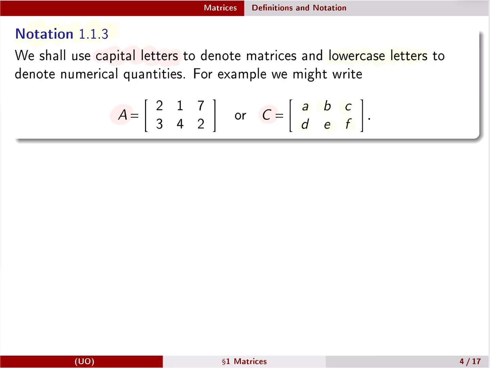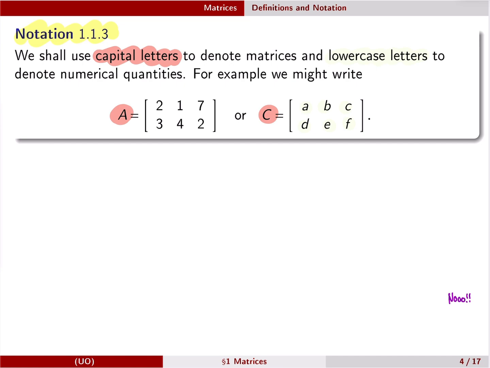Now let's move on to some notation. When we refer to matrices, when we are writing definitions or making computations, typically we use capital letters for matrices. Like here we have the big matrix A and the big matrix C, and I'm using capital letters for those matrices.